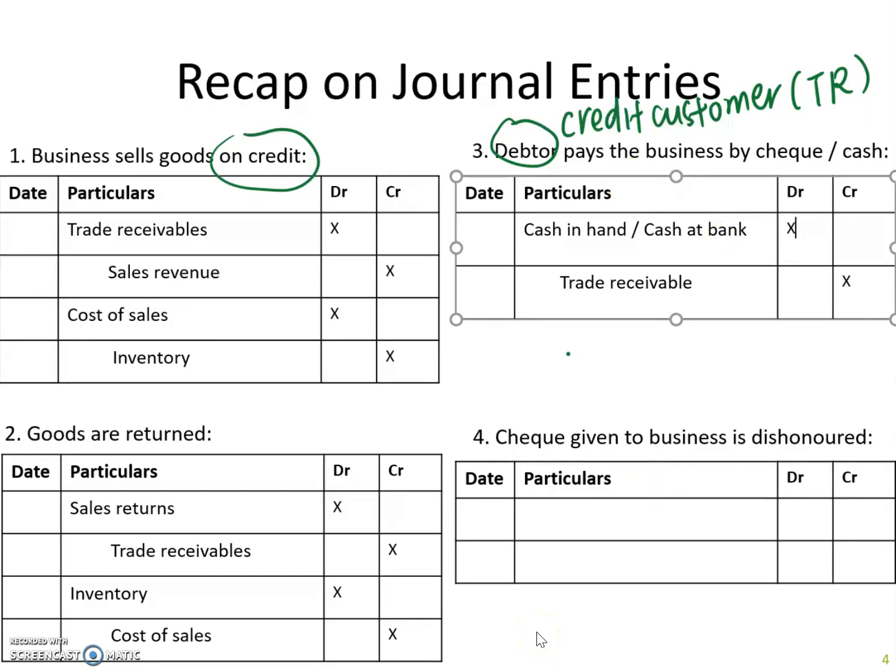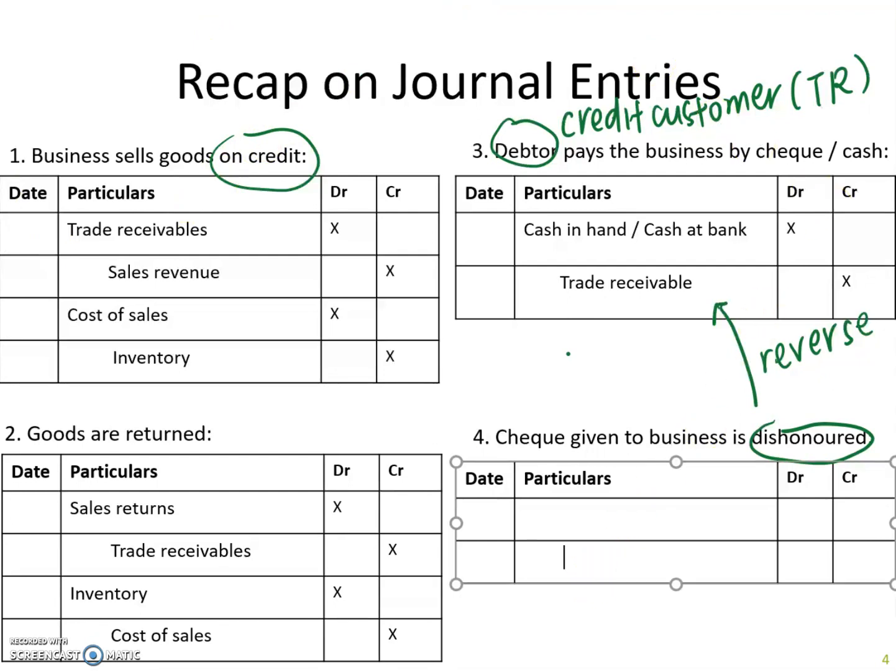Okay, last one. The check given to the business is dishonored. So in this case, okay, we will reverse whatever that we have recorded just now. Okay, in essence, the business did not receive any cash from the customer because the check is dishonored.